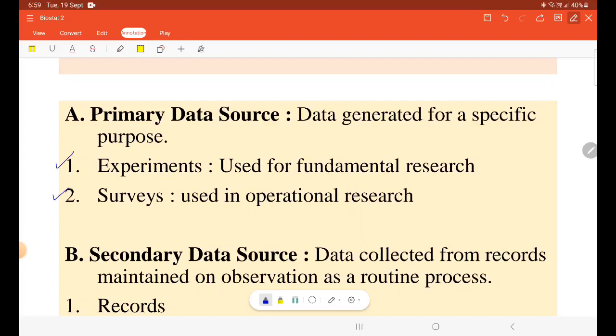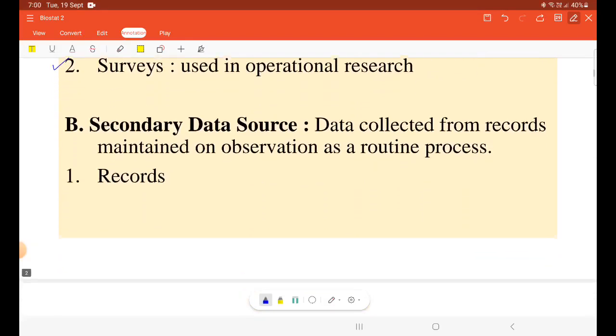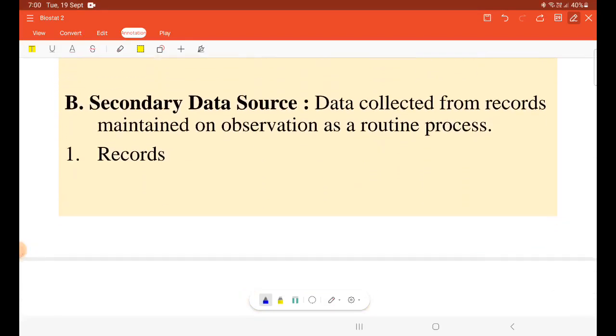Experiments are used for fundamental research and surveys are used for operational research. What is secondary data? Data collected from records, mainly based on observation as a routine process, such as records.